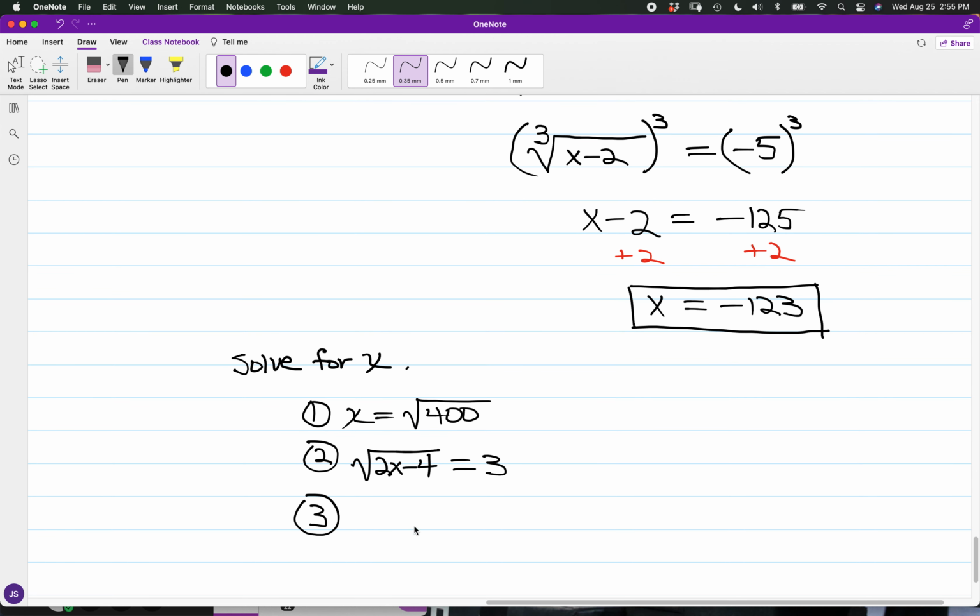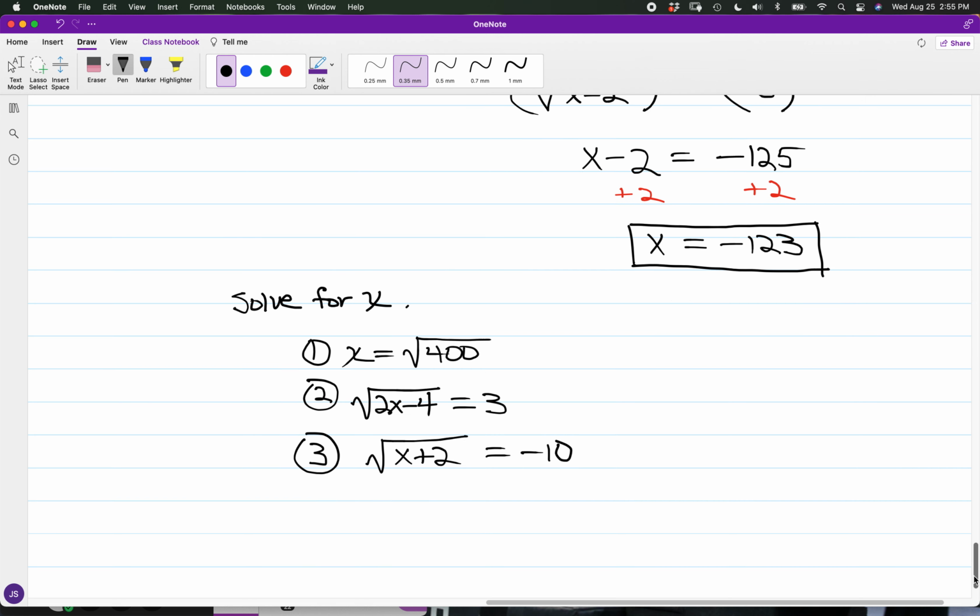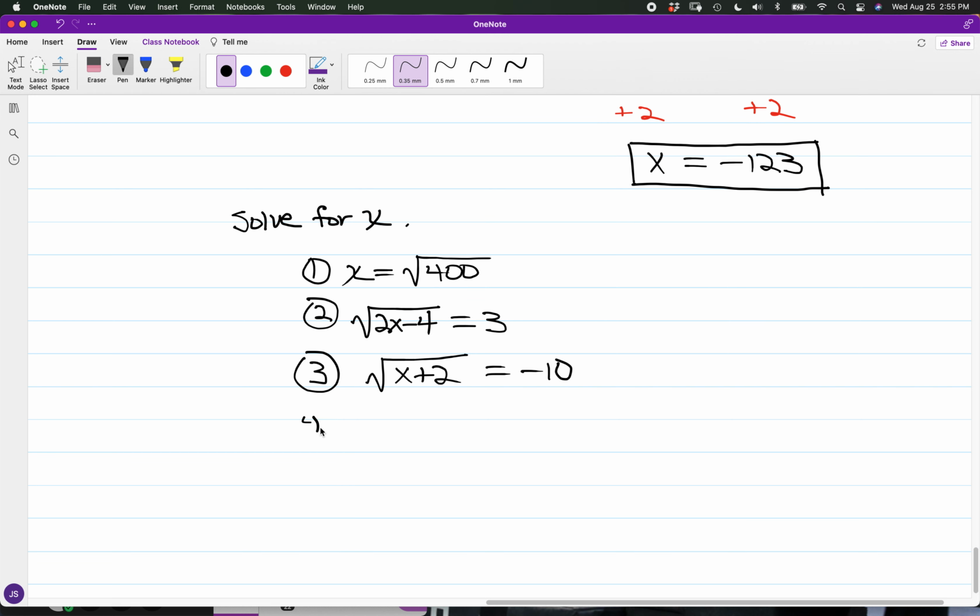And the square root of x plus 2 is equal to negative 10. And the fifth root of 3x plus 6 is equal to negative 1. For the next few moments, if there are any solutions for x among these items, go ahead and determine those, and we'll discuss in the next few moments.